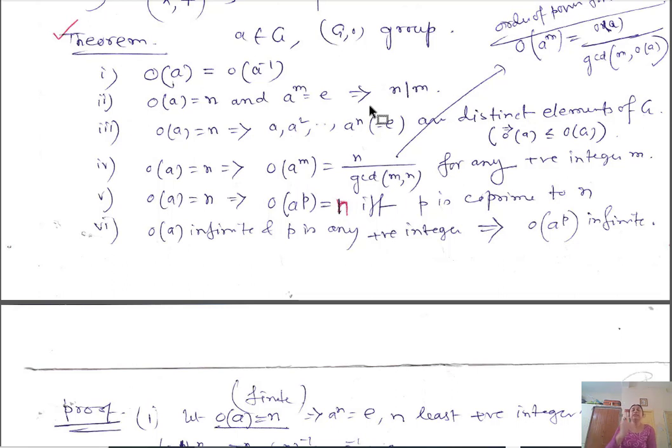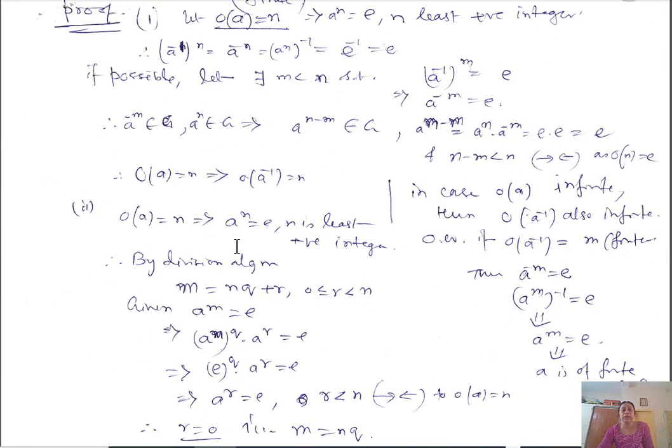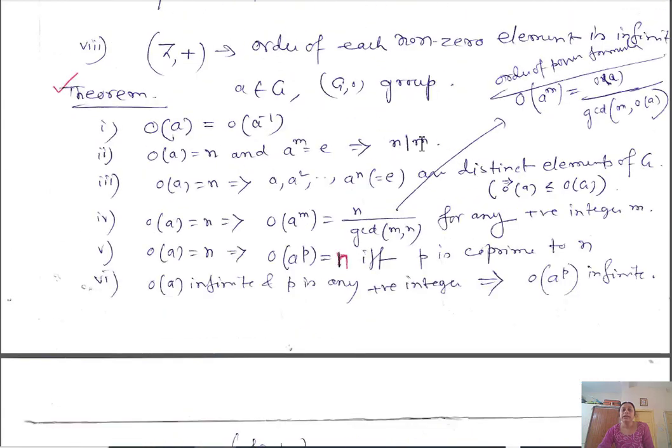The proof is exactly the same as the one we discussed earlier, so I will not discuss it again. If the proof is written here, you can go through it. Just apply the division algorithm to show that n divides m. Suppose n does not divide m. Then there must be some remainder, and that remainder will give you a contradiction to the fact that the order of a equals n.